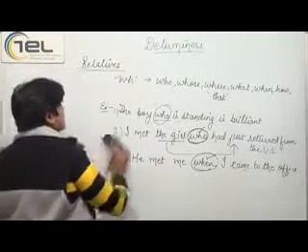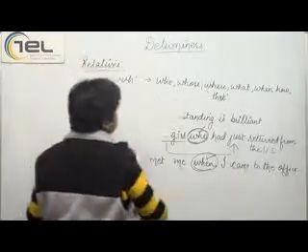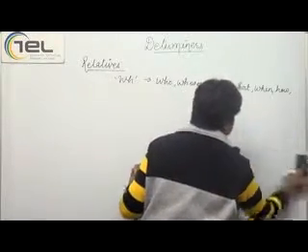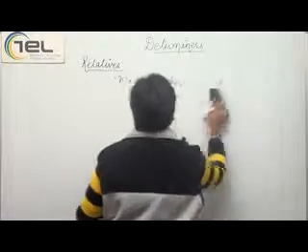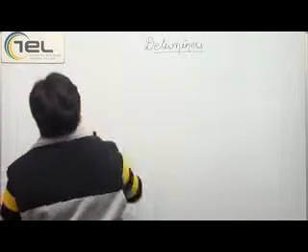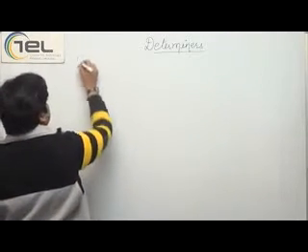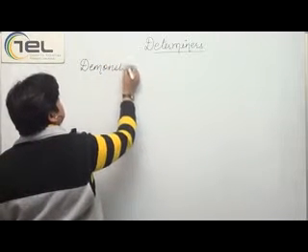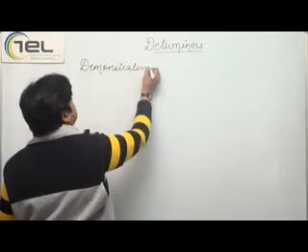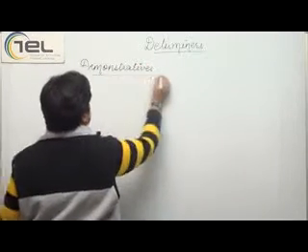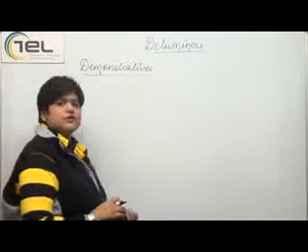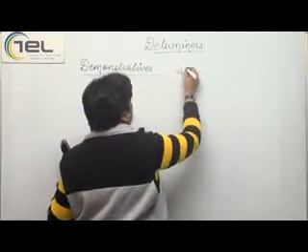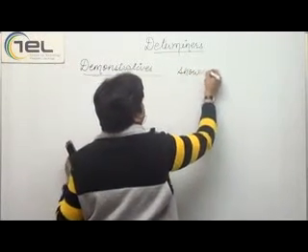Now with this, the last two classifications that are left are demonstratives and interrogatives. Let's come to the demonstratives. Demonstratives, or you can call them demonstrative adjectives, are the words that show or point out.